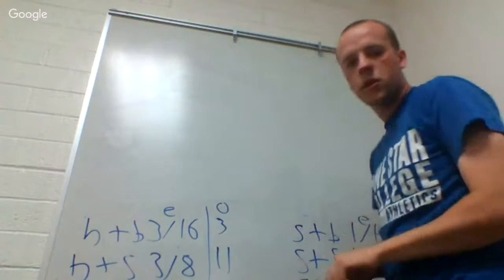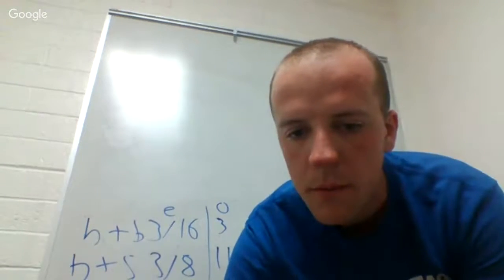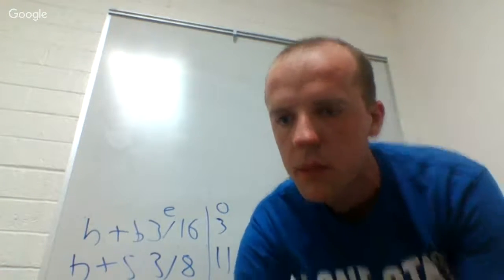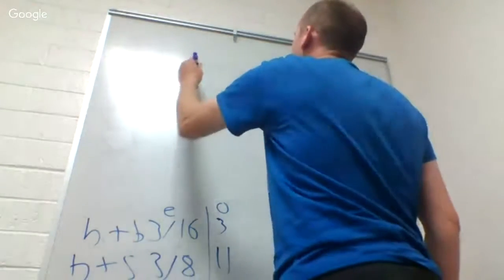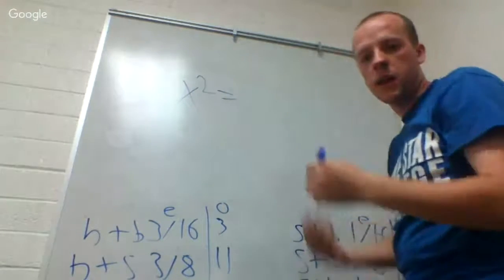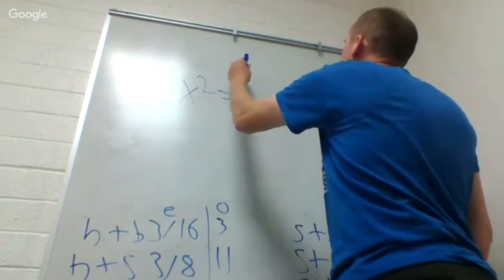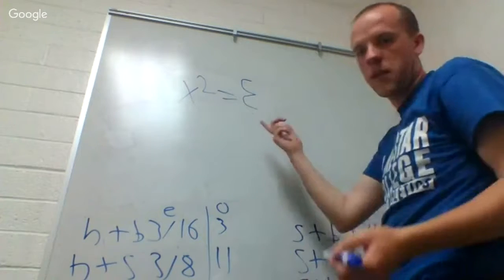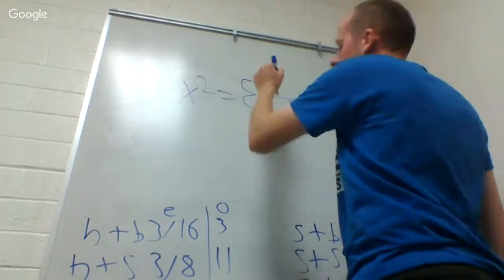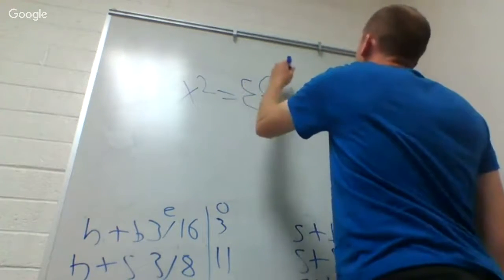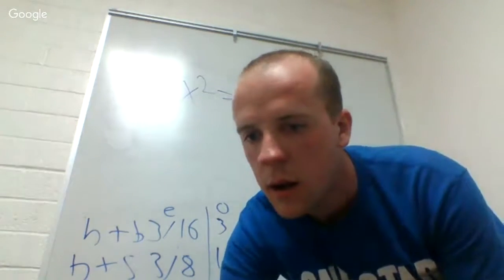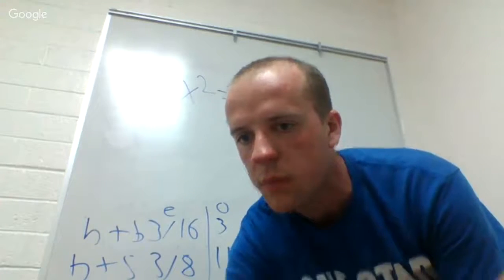So we use x squared. X squared is our chi-square value, which we're trying to calculate, and we use the sum sign.